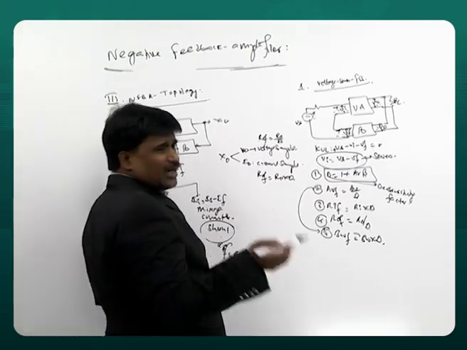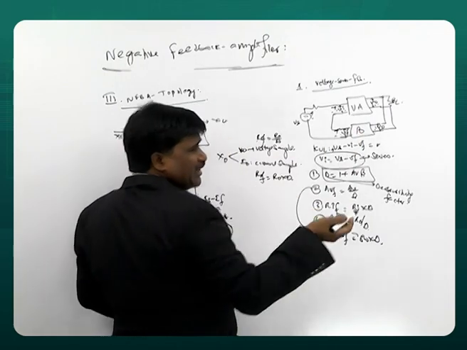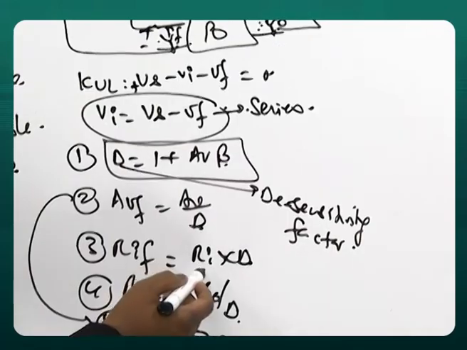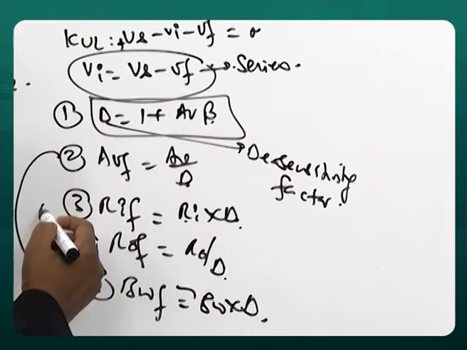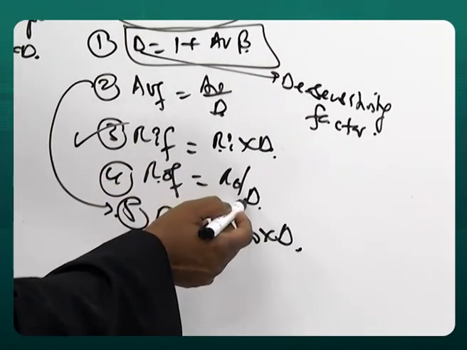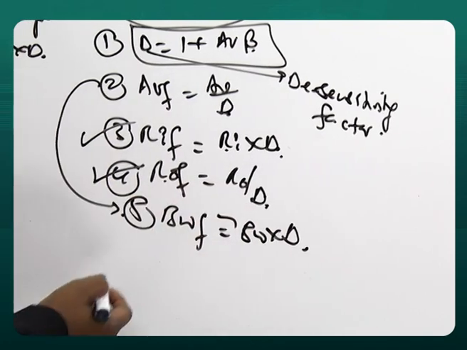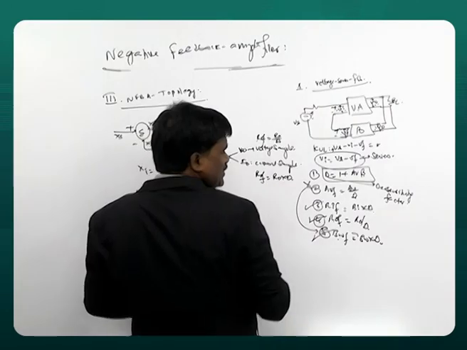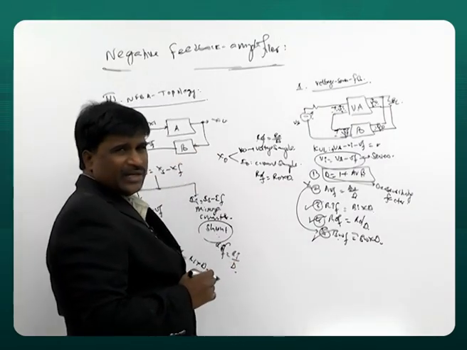Now cross-check your concept. Please go to the table I gave just earlier. For a voltage amplifier, input impedance should be more, it is multiplied, more. Output impedance should be less, divided, satisfied. Bandwidth should be more, satisfied. The only drawback is gain is decreased.